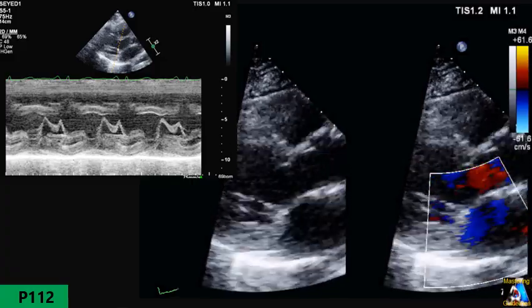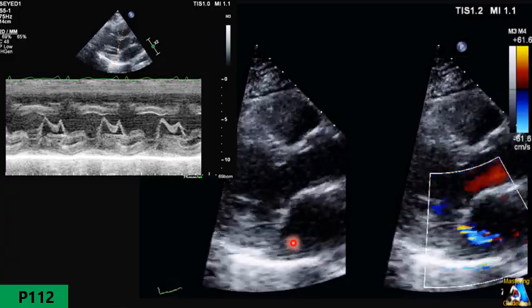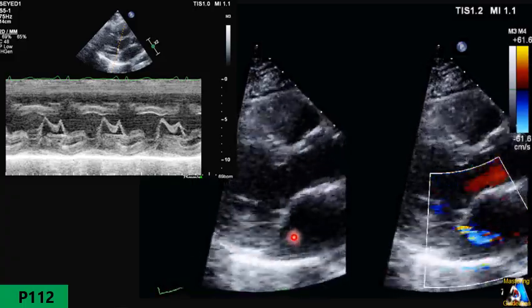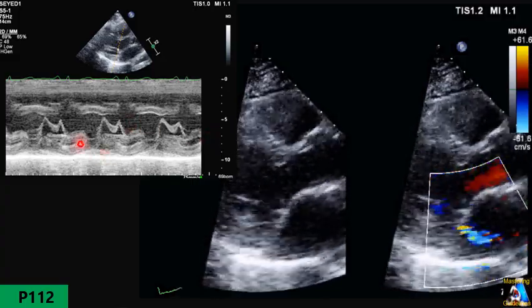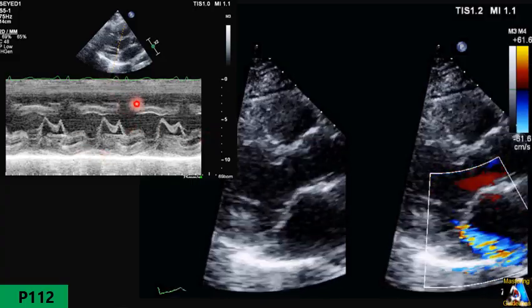Here we have a case of a mitral valve, an interesting case actually. As you can see very easily, the posterior mitral valve leaflet is bulging during systole, and here on the mitral valve M mode, you can see the posterior mitral valve leaflet bulging posteriorly, or out, during systole.